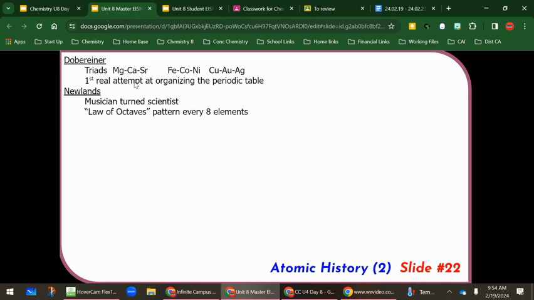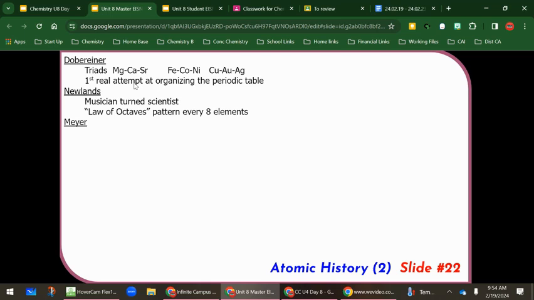Every how many? 8. How many groups are on that periodic table that we just put the names on? 8. The 8 main groups, these 2 and these 6 over here. He was on to something, ladies and gentlemen. The law of octaves basically says that there's a pattern that repeats every 8 elements, which is why lithium and sodium are underneath each other with potassium beneath them. As you move across this group, different things change, but when you come back to the start, it has similar patterns to the ones above it.